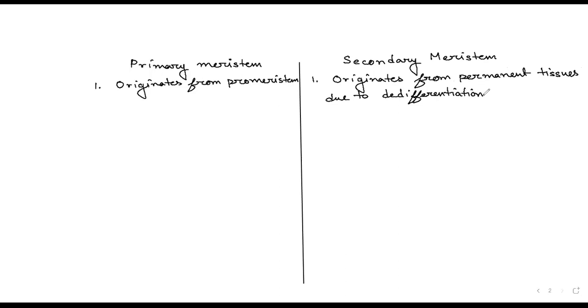What is this strange word dedifferentiation? So at one side we will once again discuss differentiation, dedifferentiation and all. Actually this chapter is deleted by CBSE, but I'm going to anyways teach because it is present in the board.